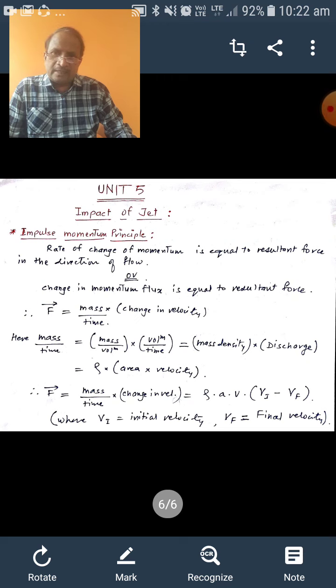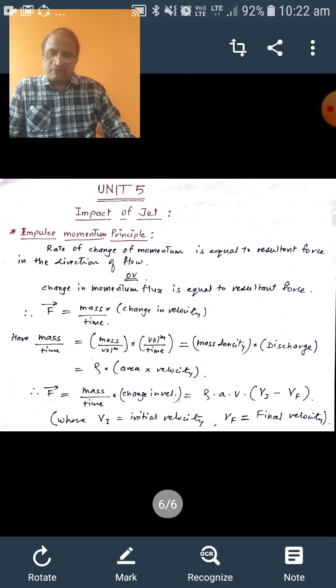Now let us revise once again the impulse momentum principle. The impulse momentum principle says that rate of change of momentum is equal to the resultant force in the direction of flow, or change in momentum flux is equal to the resultant force.